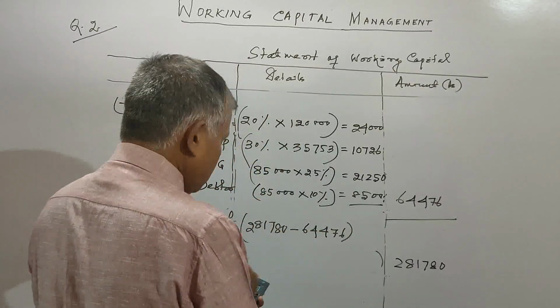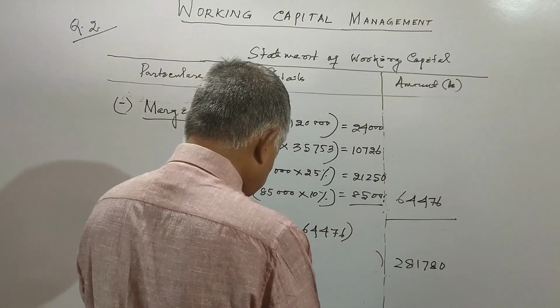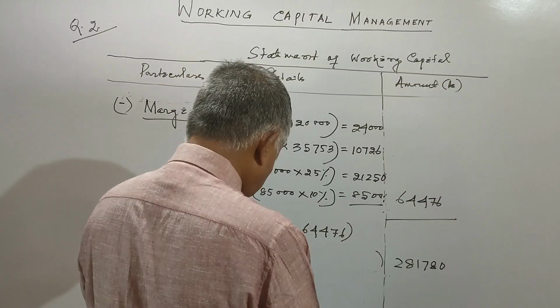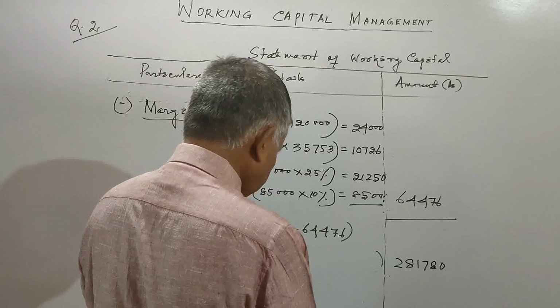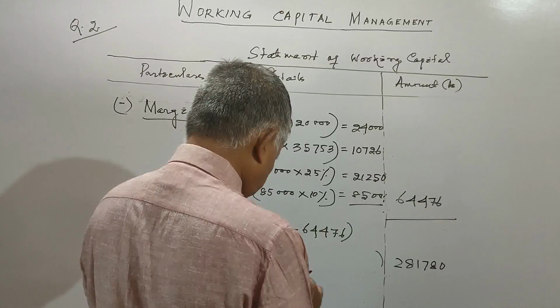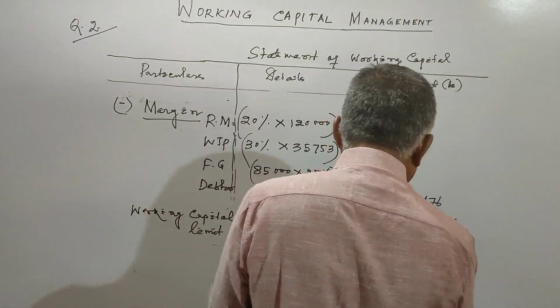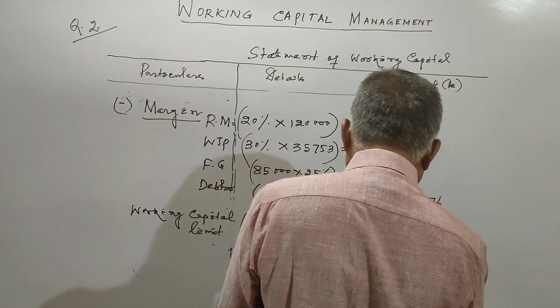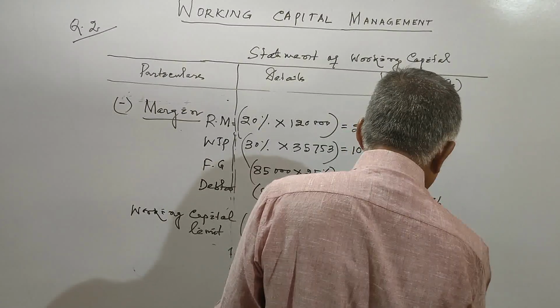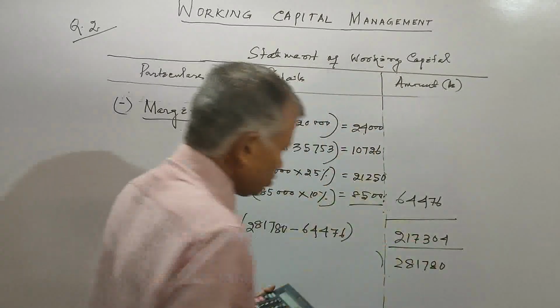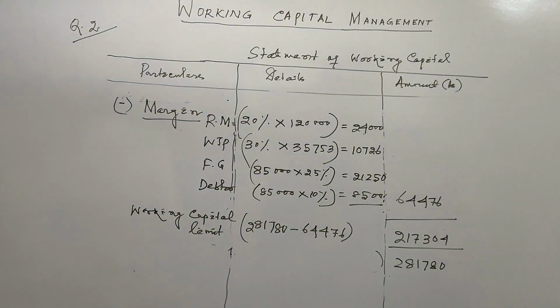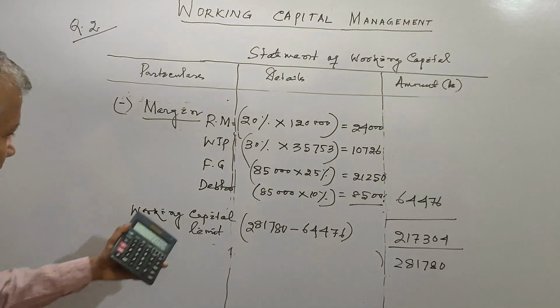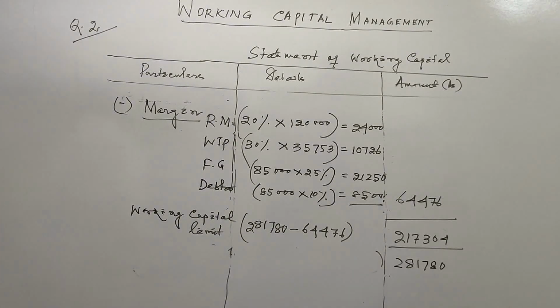It comes to 2,17,304. So 2,17,304 is the working capital limit to be sanctioned by the bank.